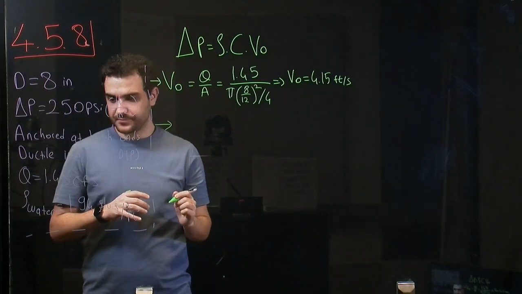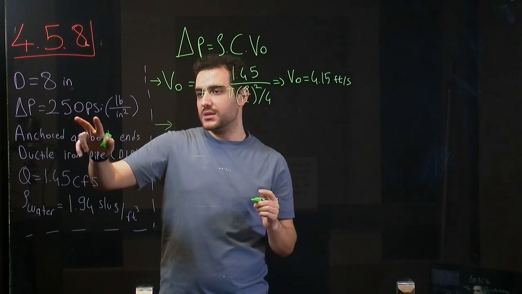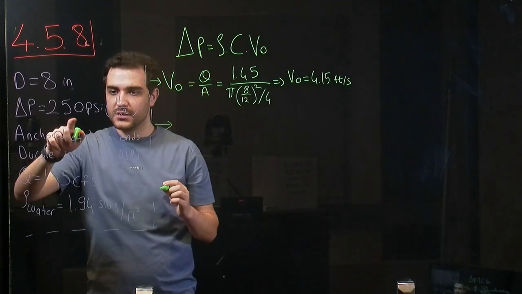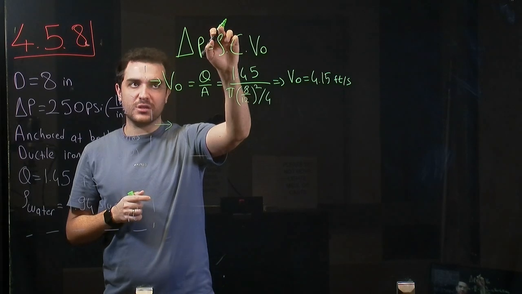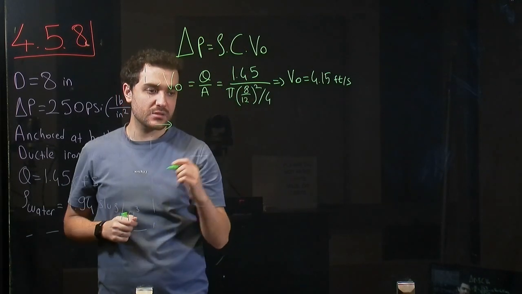And from there we actually know the pressure, because the pipe withstands this value, 250 psi. So we know initial velocity, we know the density, so we can get speed of wave from this equation.